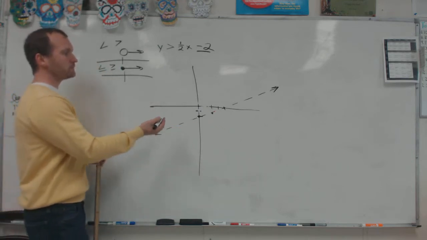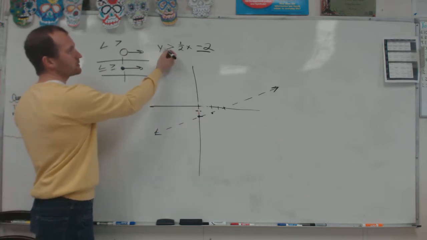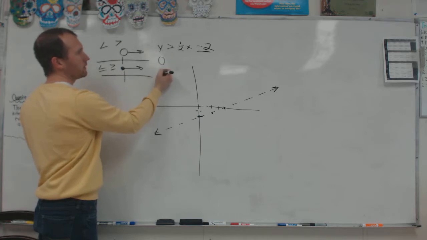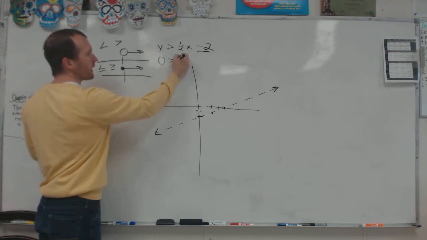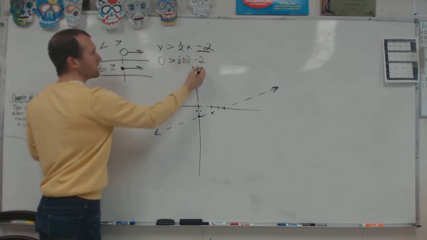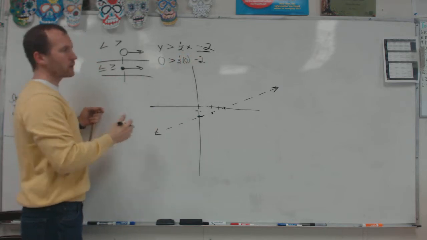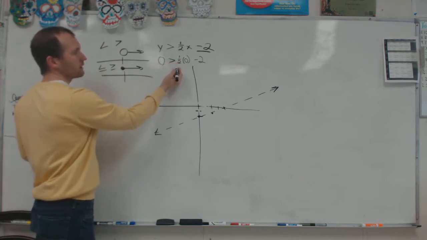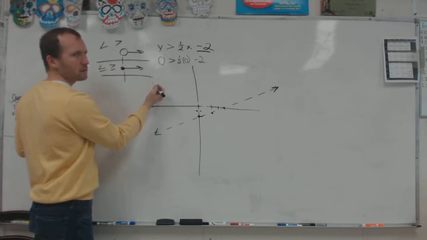We figure that out by taking our original equation, putting in 0 for y, 0 for x, 1/2 times 0. And then we try to see, is this true? So is 0 greater than 1/2 times 0, minus 2?